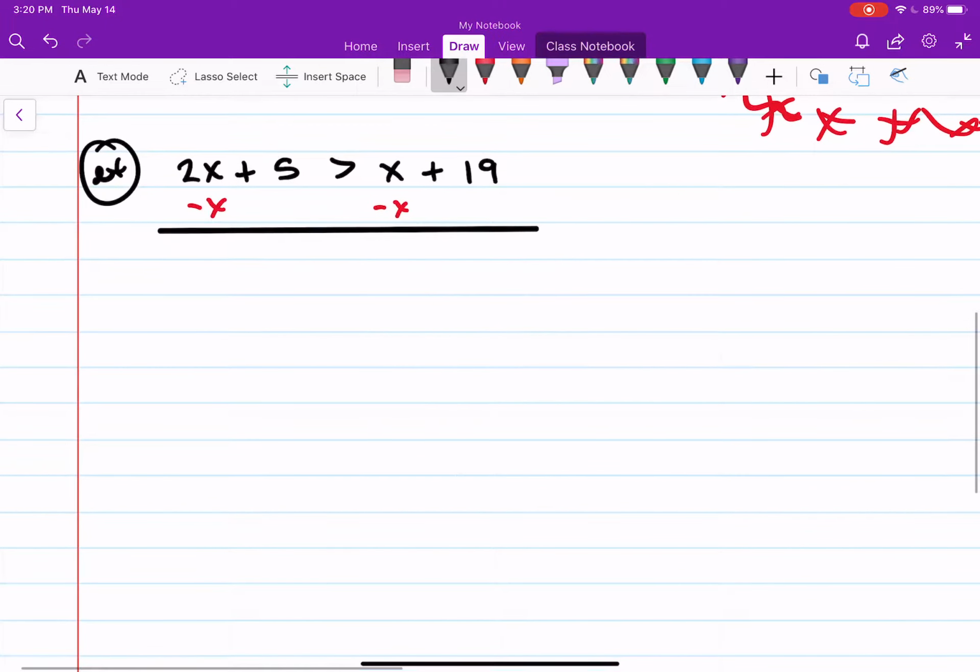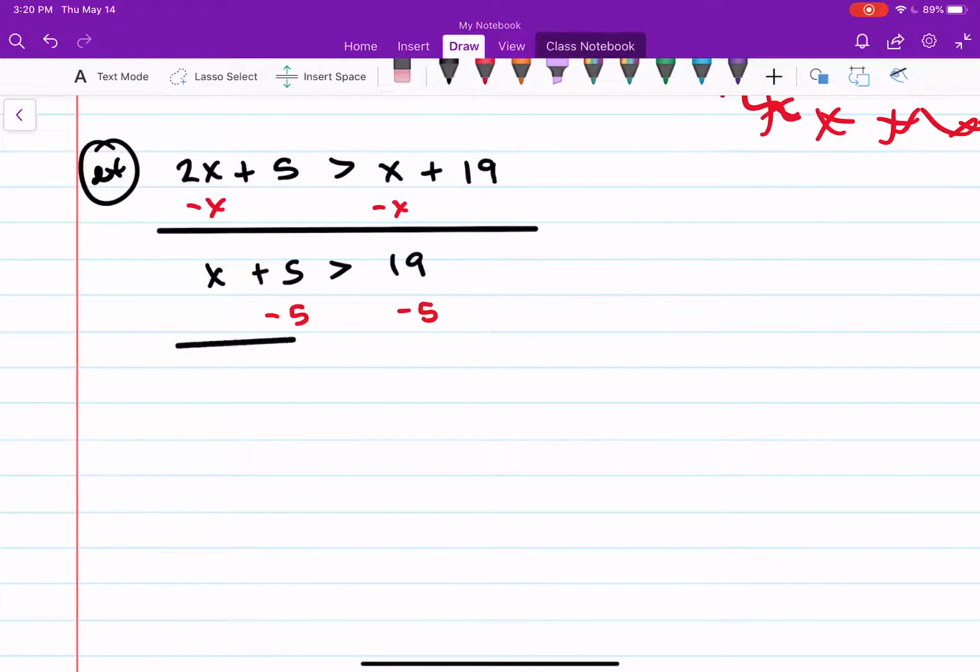What do I have? I have x plus 5 is greater than 19. Then I'll subtract by 5. Now notice I have not yet multiplied or divided by negative. So I got x is greater than 14.